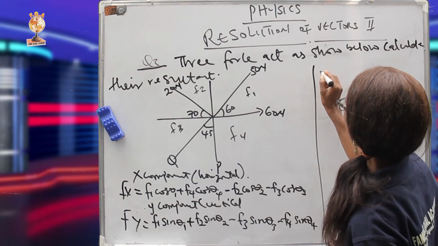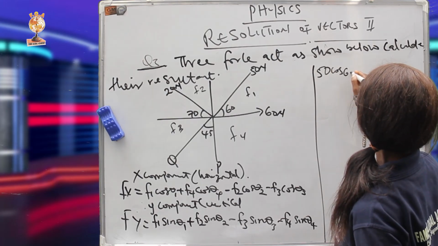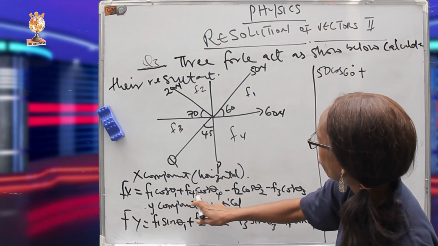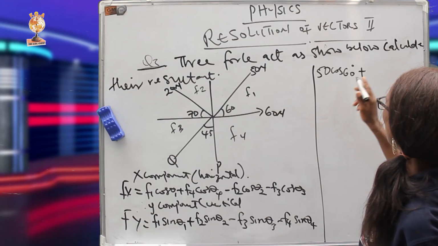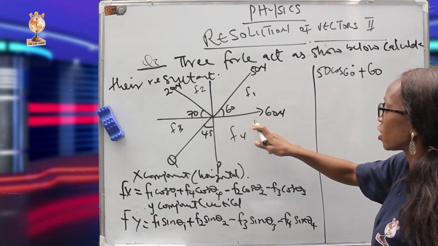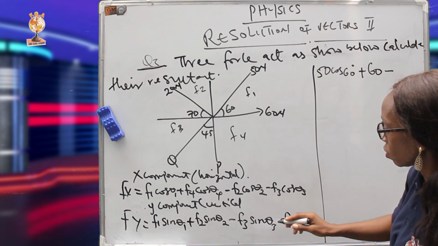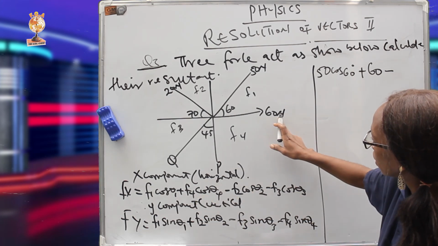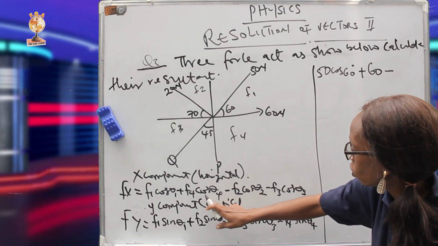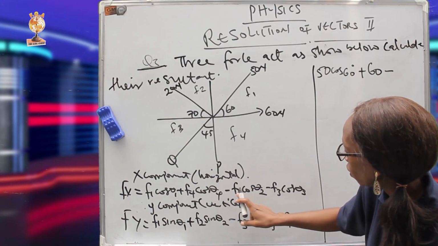F1 is 50, so 50 cos 60 degrees plus F4, which is just 60. There is no angle sustaining F4, so I'm leaving this one as it is. The magnitude of the force is there, but there is no angle. So F4 is just 60.